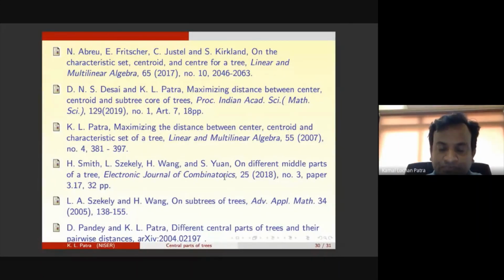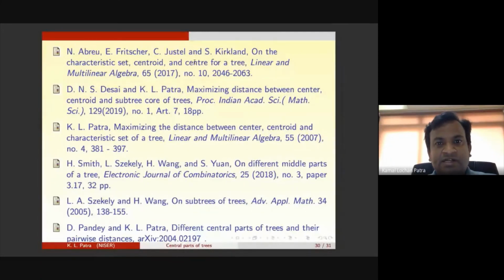They proposed some problems there, but probably they had no idea about the characteristic set, because all these are combinatorially defined. If you introduce the characteristic set to these problems, they are worth studying also. So these are some references.